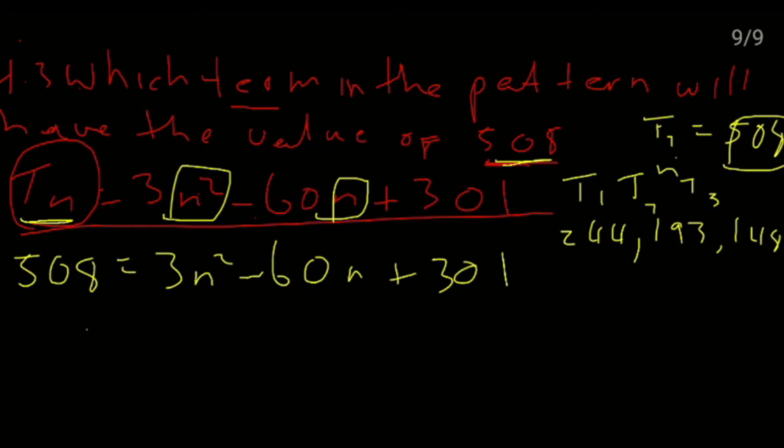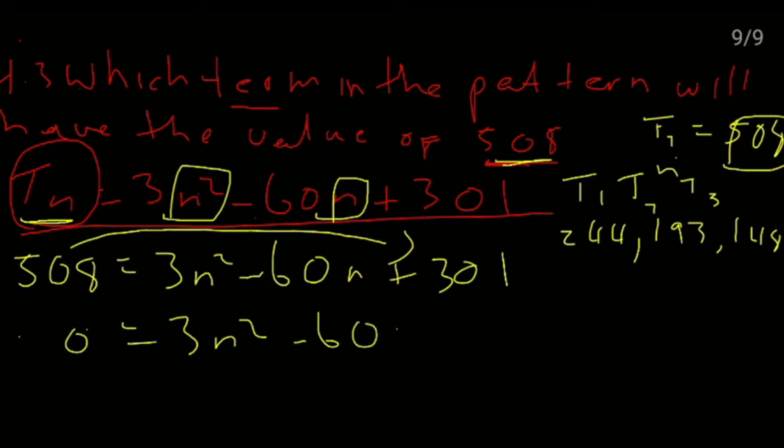So we can take the 508 to the other side and equate everything to 0 and say 3n squared minus 60n, 301 minus 508 should give you minus 207.